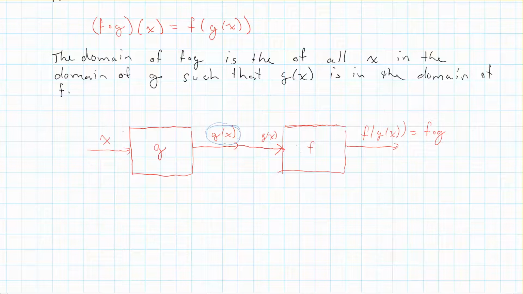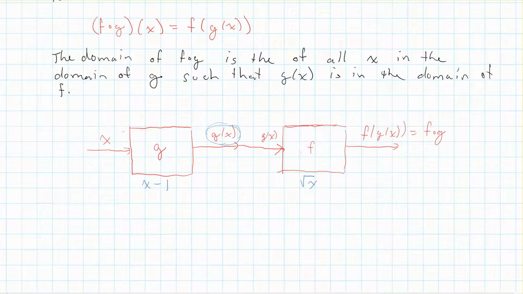An easy example would be if we had square root of x as the second function box, and then we had x minus 1 as the first one. The reason this is an easy one, and we'll go into more detail when we go through some examples, is that the domain for this first one is all real numbers.